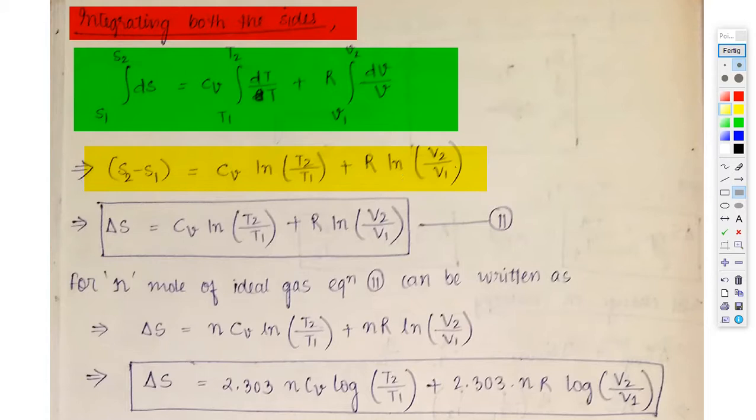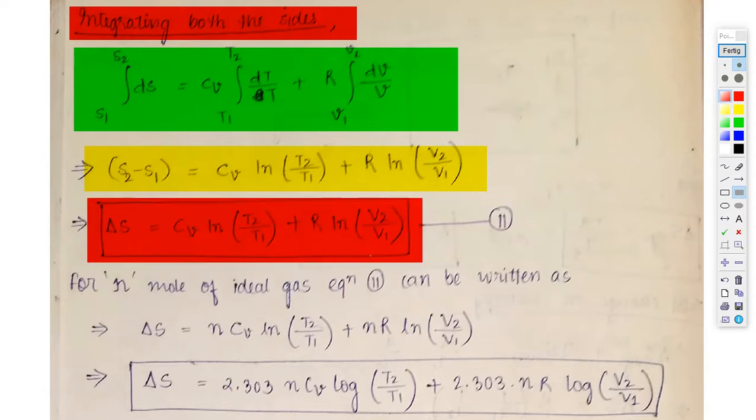Here V2, T2 and S2 are the final conditions, and T1, V1 and S1 are the initial conditions. So we get one of the important formulas: delta S equals S2 minus S1, the change in entropy, equals Cv ln T2 by T1 plus R ln V2 by V1. This one is the important formula.